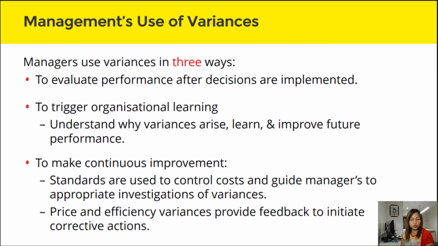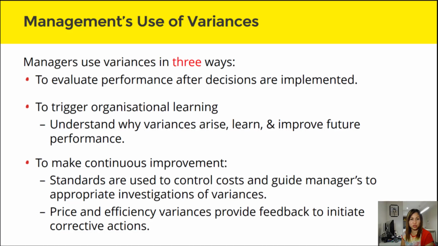How should management use variances? Variances are useful in three ways. First, variances are used for judging performance. After you run the production, you can compare the actual production and the budgeted or standard to evaluate which areas should be improved.